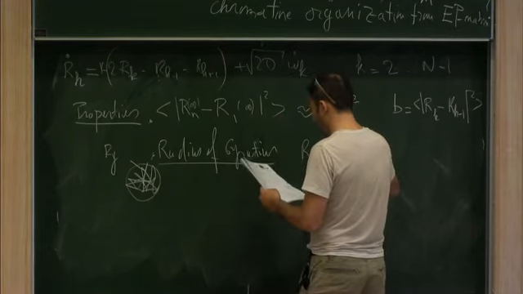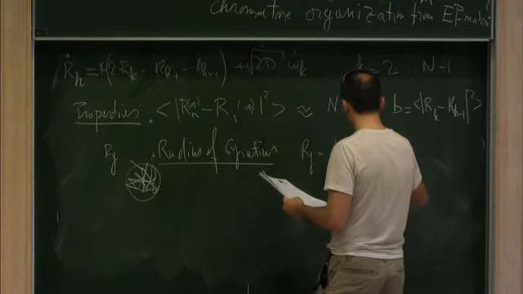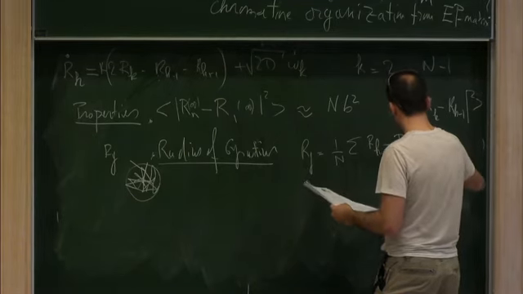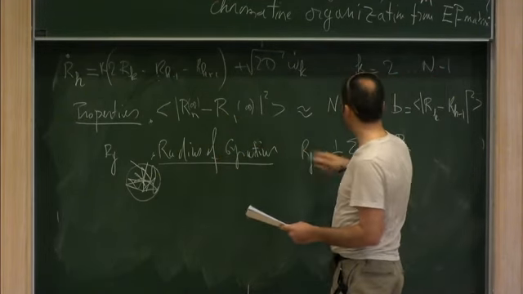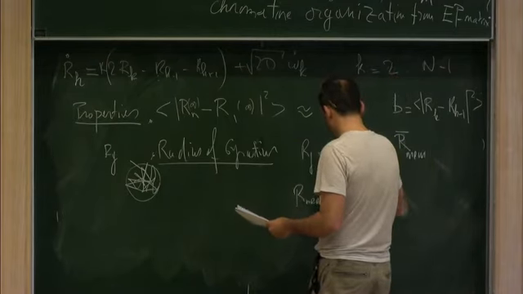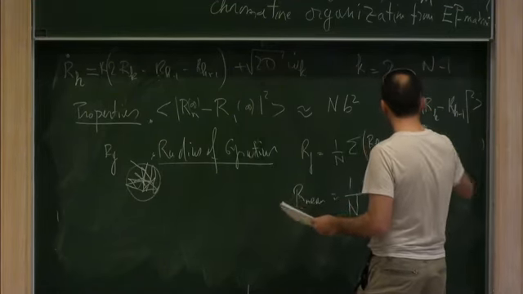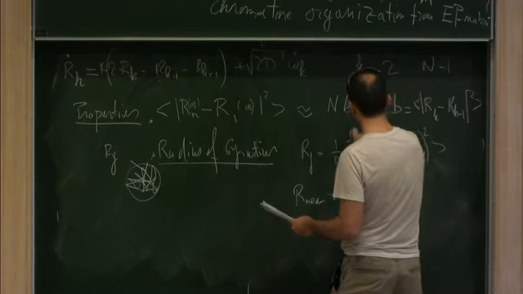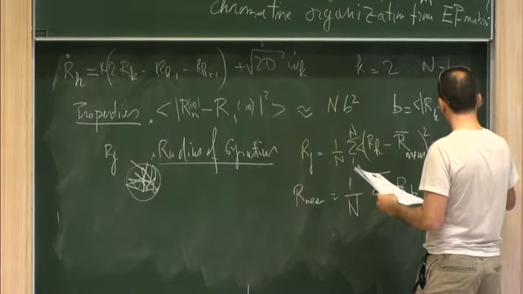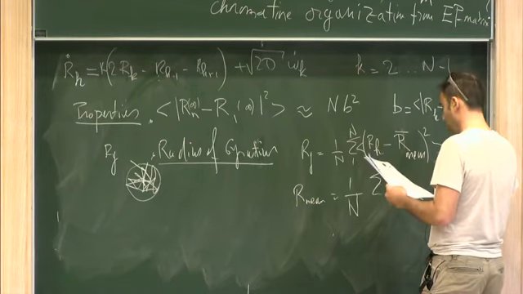For a polymer, it's defined as follows: you take the sum of the positions Rk minus the mean position, R mean, which is the average over R1 to Rn. You take its square, you take the ensemble average of this, and this behaves basically as the square root of n, with a constant b divided by square root of 6.